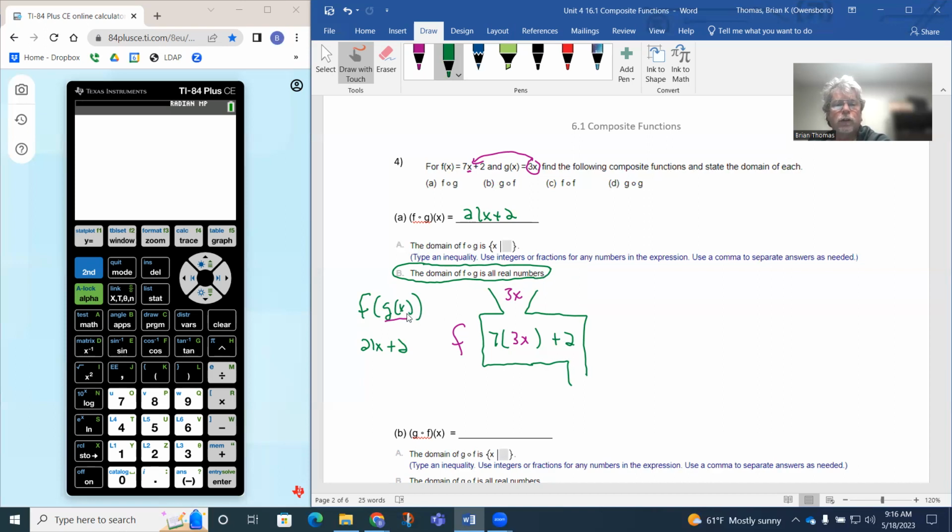Notice how the g of x function is actually being substituted into the f of x function. So if I want to evaluate f of g of x, the g of x is 3x, so this turns into f of 3x.